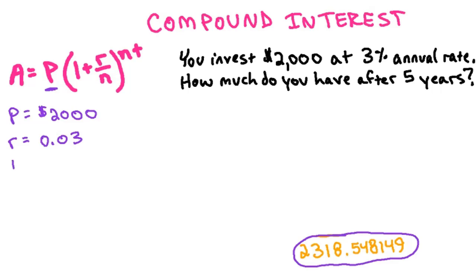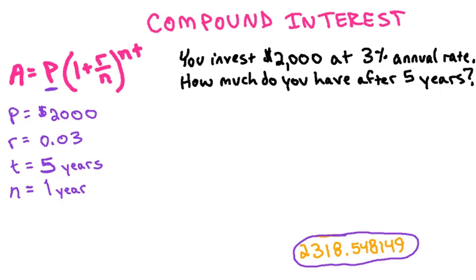And T is going to be how many periods of time, so that's going to be 5 years, so that's 5 for T. But then what's N going to be? N is going to be 1 year because it's compounded annually. So N is going to be 1, and T is how many years you leave it in the bank.